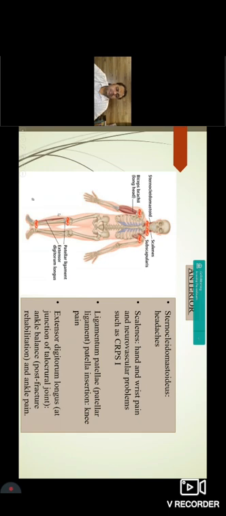Very important. The extensor digitorum longus gets overstretched or used when there is a supination trauma, like a sprain or a fracture.